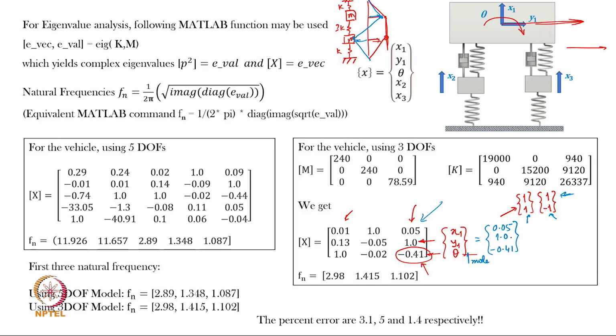That if the body or a mass has the surge motion in the horizontal direction, the pitch is going to be clockwise, which is opposite to the positive direction that we have assumed, which is expected. In this case, physically it is going to tilt a lot whenever there is a unit motion in the y direction that is happening. In the second mode, at some higher natural frequency, now you have a vertical bounce motion taking place.